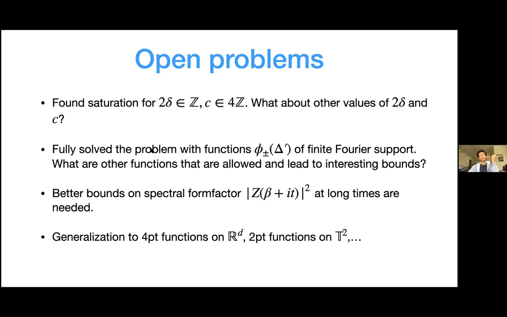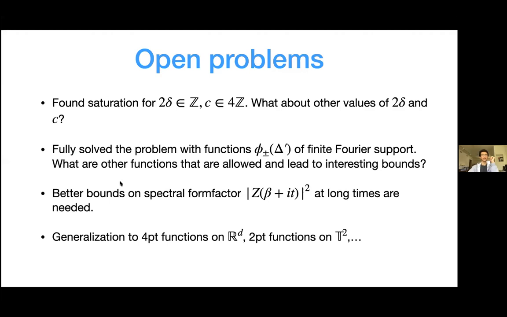If they're not saturated by any partition functions, then that probably means that you should take functions phi which are not band limited, but something else, maybe relax the assumption, and so go beyond band limited functions.